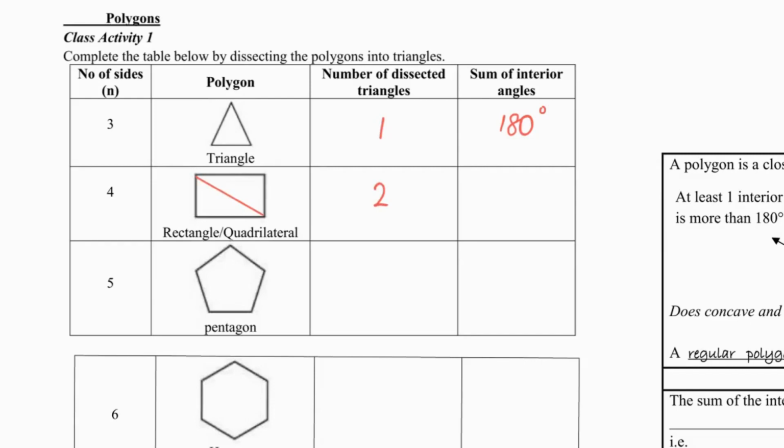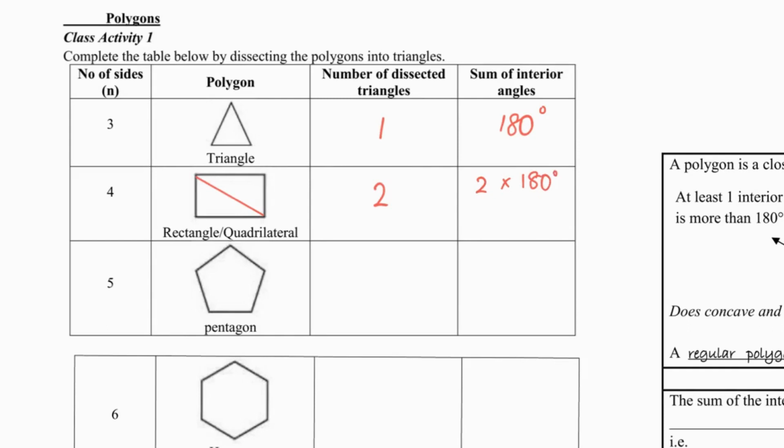I got 2 triangles. And now I want to start to think about the pattern. Number of sides is 4. So what's the sum of the interior angles? 2 triangles. The total sum will be 2 times 180.